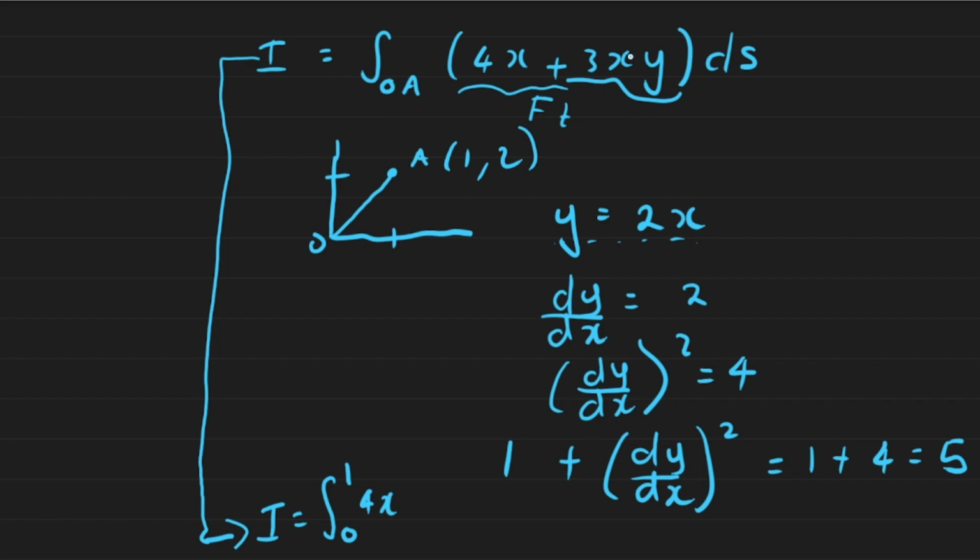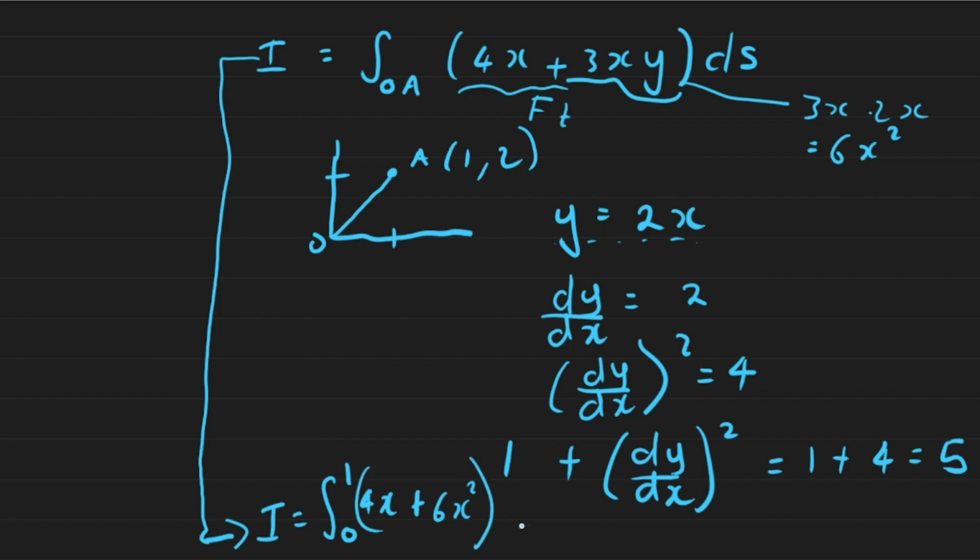So 3y becomes 3 times 2x, and x times 2x gives 2x squared, so 3xy-style term becomes 6x squared. If we put that into our integral, that becomes 6x squared.